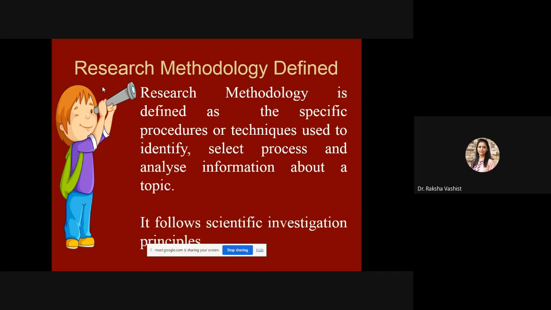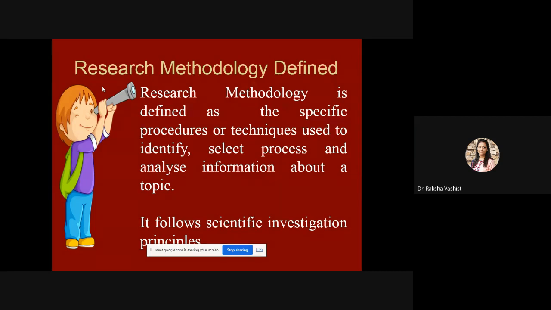So the first question is, what is research methodology? Research methodology is a combination of two words, research and methodology. We first have to clarify the meaning of research. Research itself is a combination of two words, re and search, where re means again and search means to find something new.